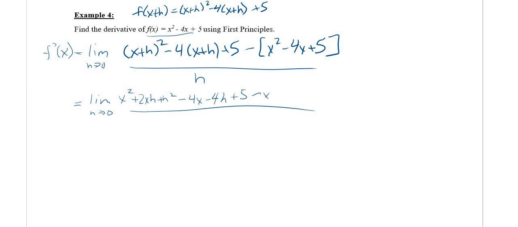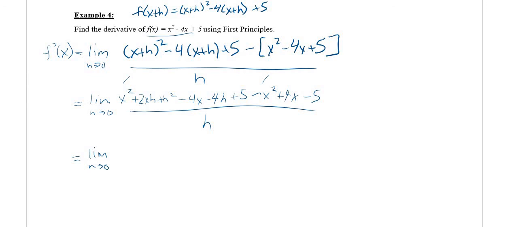So minus x squared plus 4x minus 5, all over h. Now that we have that, let's collect up the like terms. The x squareds cancel. How many 2xh's do we have?